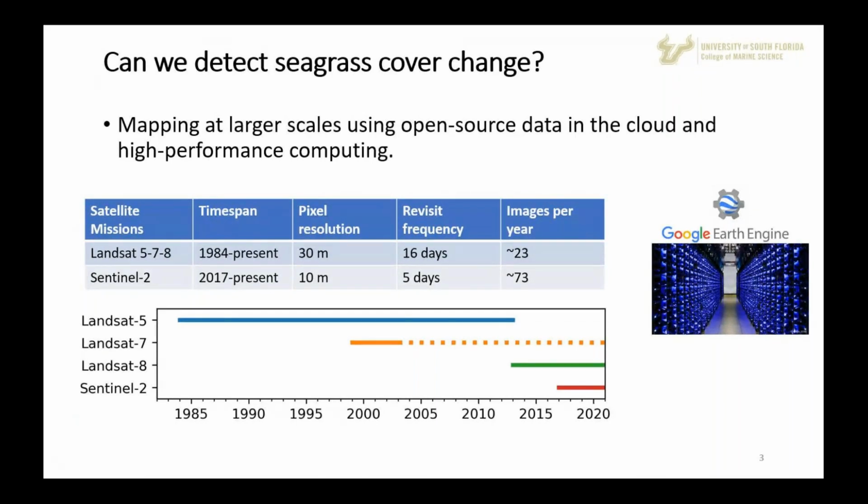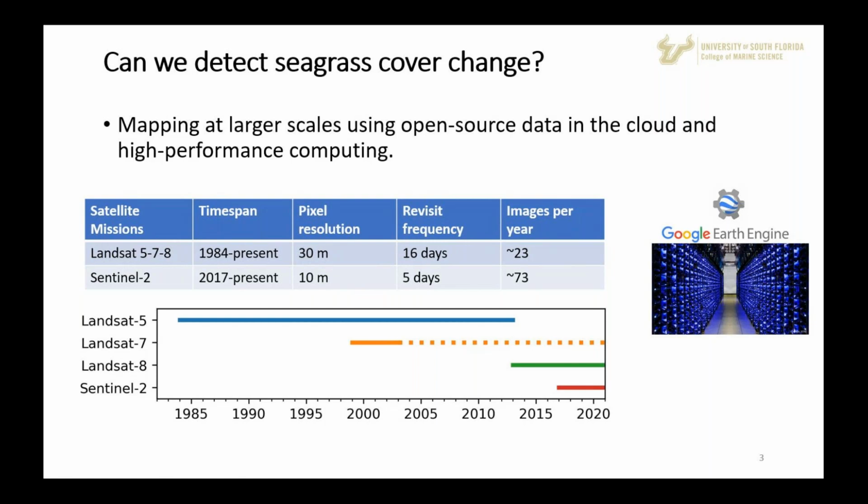There are some differences between these satellite sensors. Some of them are the pixel resolution, which is 3 meters for Landsat and 10 meters for Sentinel. And also a very important difference between Sentinel and Landsat is the revisit frequency of the satellite. So for example, Sentinel takes a picture every 5 days and Landsat every 16 days.